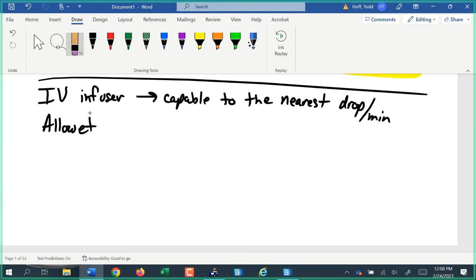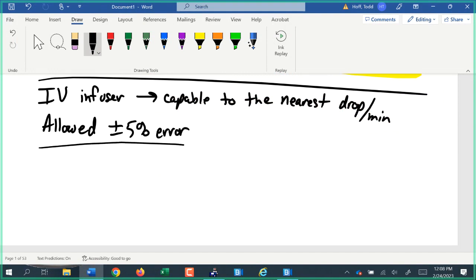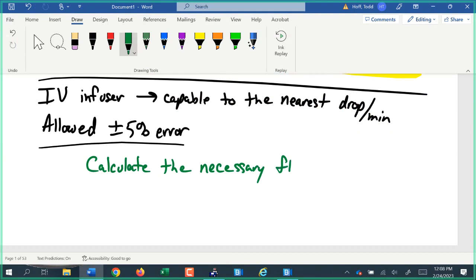We're allowed plus or minus 5% error in our dosage, just like in the last one, 5%. But we calculate the necessary flow rate at 7.44 drops per minute.